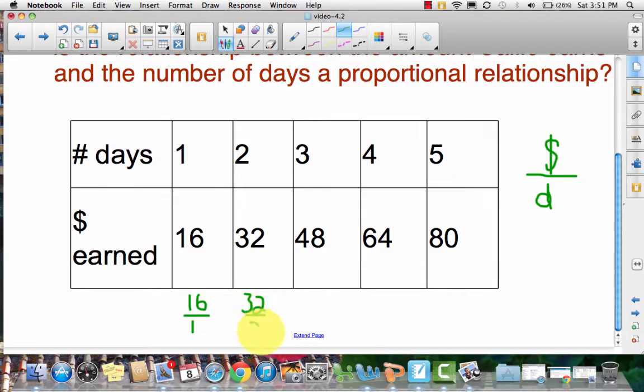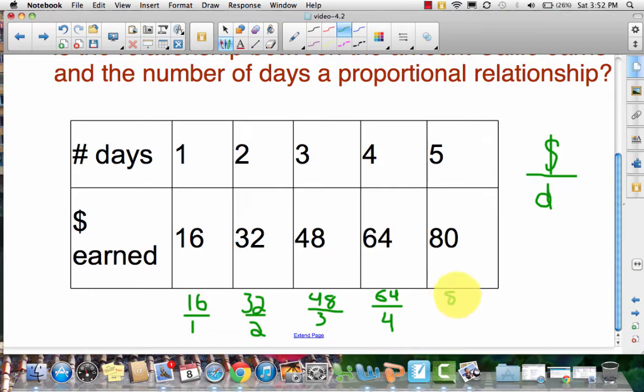She earns $48 in 3 days, so 48 over 3. She earns $64 in 4 days, so that would be 64 over 4. And she earns $80 in 5 days, so that would be 80 over 5.